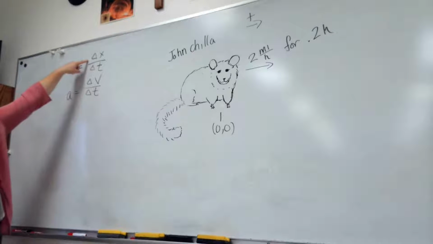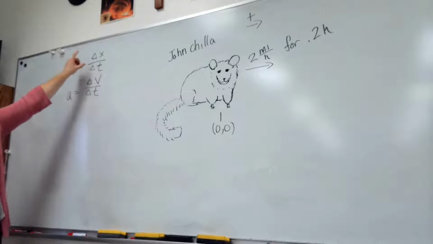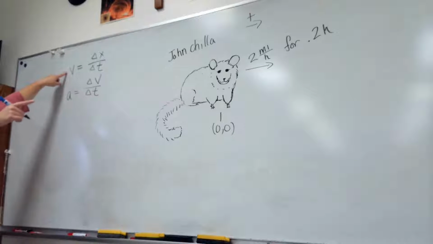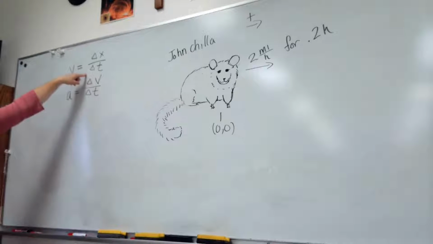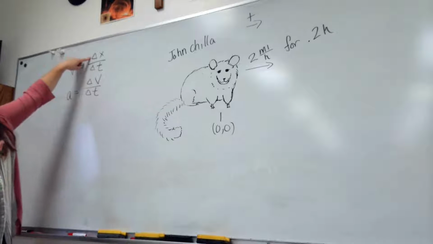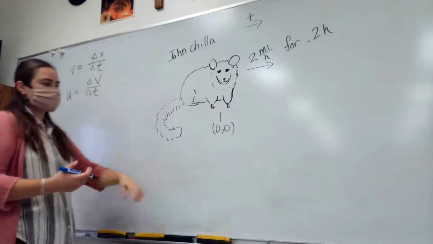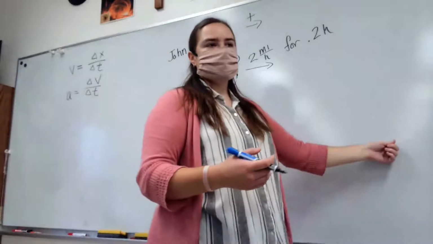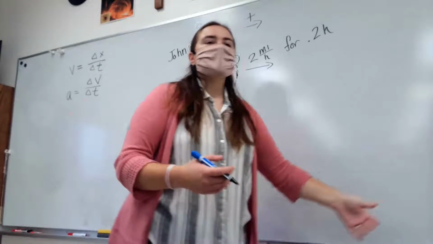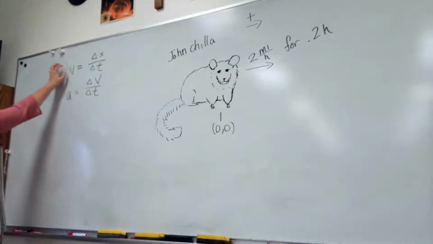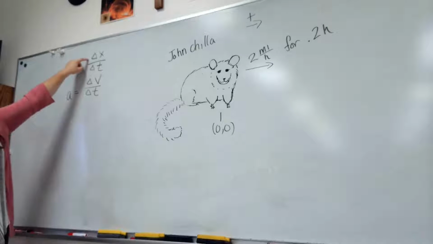Does this one have position in it? Okay. So this one has velocity, which we know. This one has time, which we know, because he moved for 0.2 hours. That's our delta t. What we're asking for is how far he went. So what's our change in position from here to here? Does that make sense? So this equation has all the things that we want in it, but it's not solved for the thing we want to know, right?